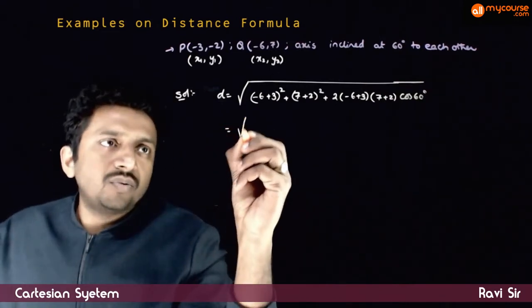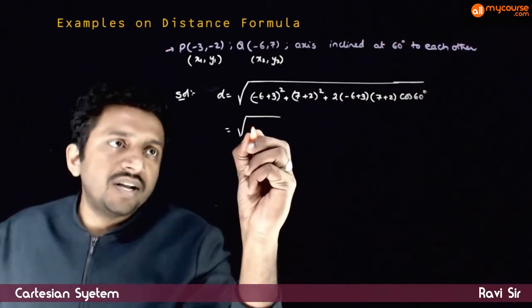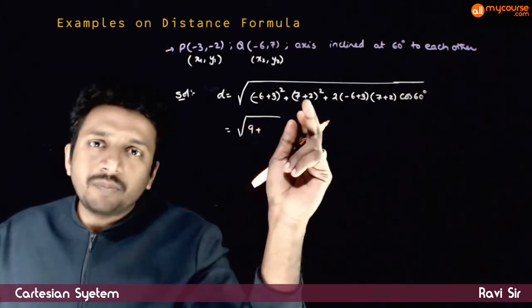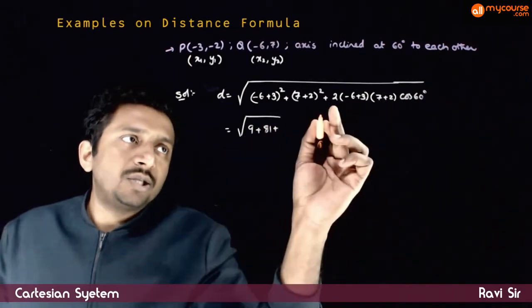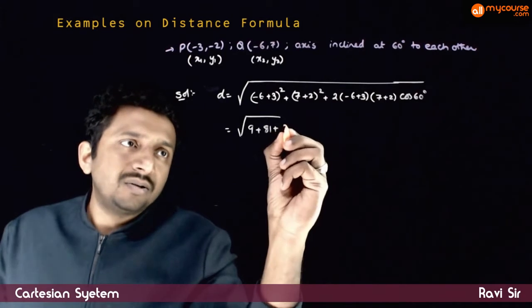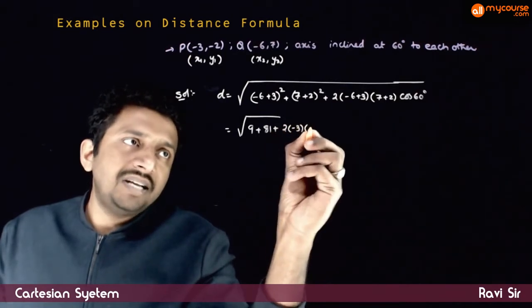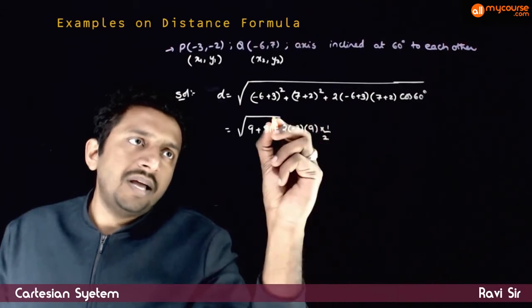That is equal to square root of minus 6 plus 3 is minus 3, whole square is 9, plus 7 plus 2 is 9, 9 square is 81, plus 2 times minus 3 times 9. So 2 times minus 3 times 9, cos 60 is 1 by 2.